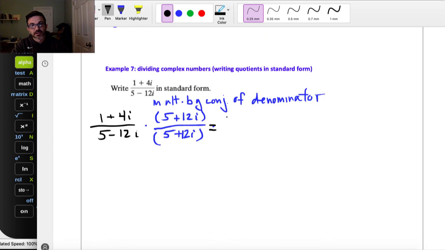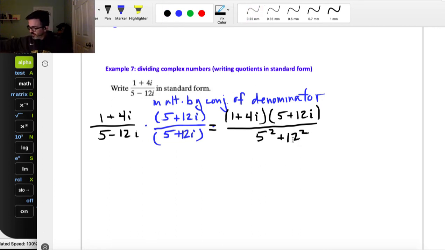So up here I've got 1 plus 4i times 5 plus 12i over. Now, I know when I multiply these conjugates, I'm going to get a real number, and it's going to be in the form a squared plus b squared. So it's going to end up being 5 squared plus 12 squared.